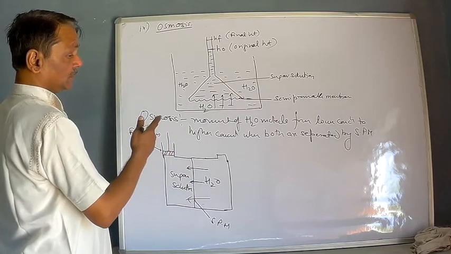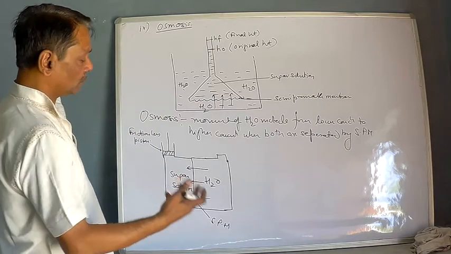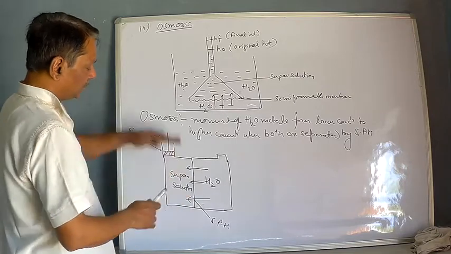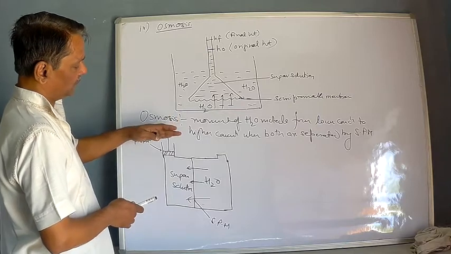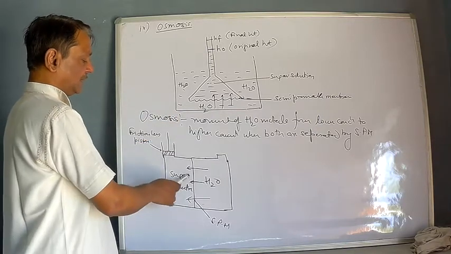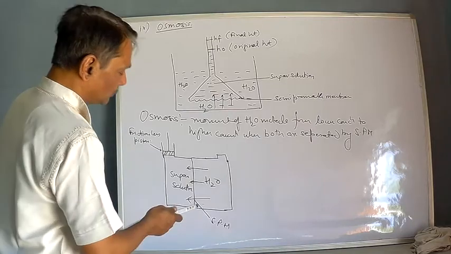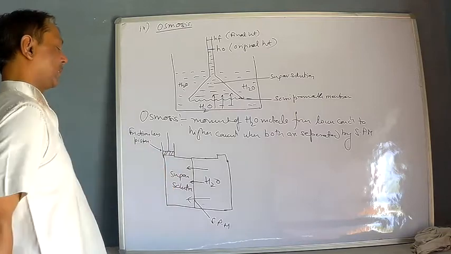And now here comes the definition of osmotic pressure. What is the definition of osmotic pressure? It is the minimum mechanical pressure applied on the solution side, which is just sufficient to stop the movement of water molecules entering from lower concentration to higher concentration.